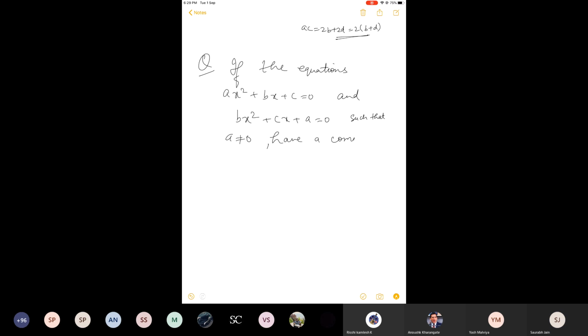That means simply these two quadratic equations have one root common and the value of a is non-zero. This is what is given.